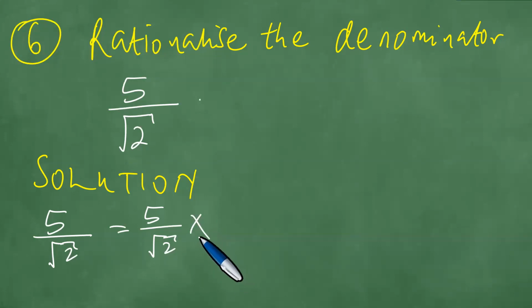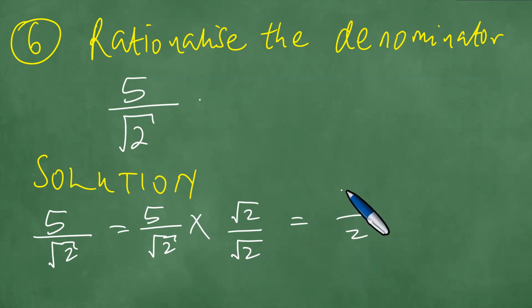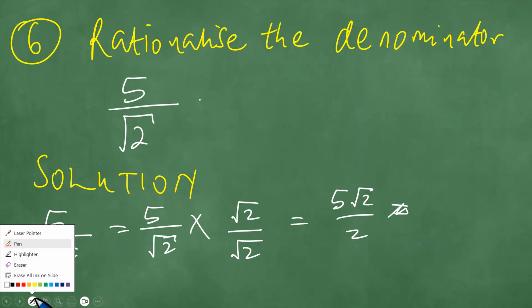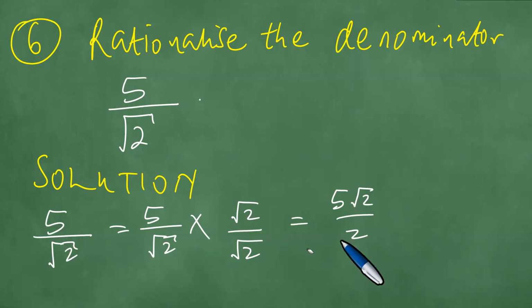So you multiply by the square root of 2 over the square root of 2. And the square root of 2 times the square root of 2 is 2. Okay, I'm off now, the lights are off. This is load shedding, and that is the answer. That is exactly the answer, and we're done.